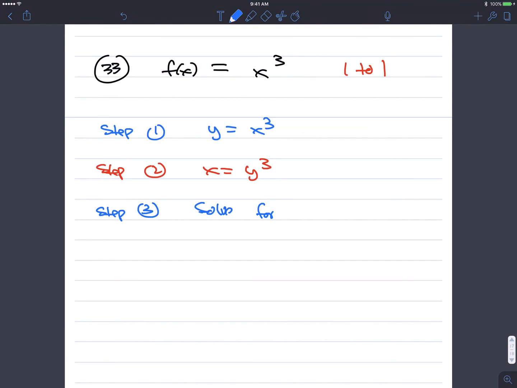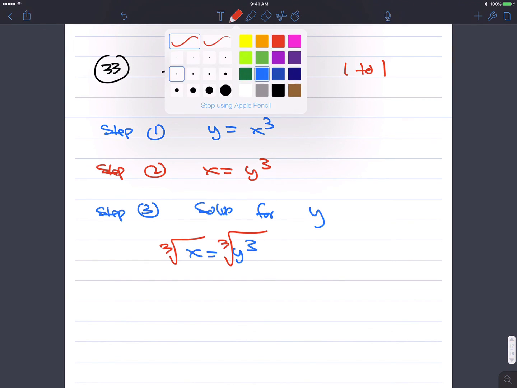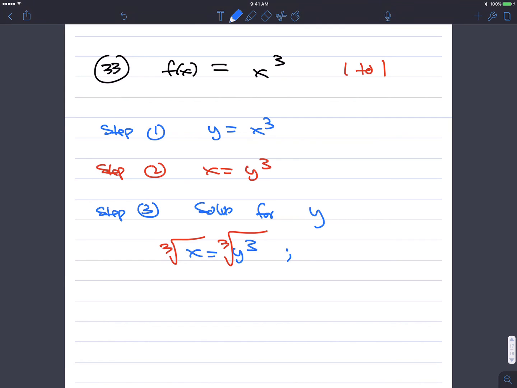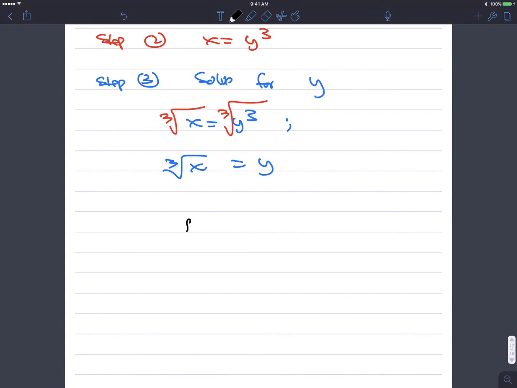Solve for y. We got x is y cubed. You guys know how to solve this for y? Don't cube both sides, take the cube root of both sides. So you get now, the cube root of x will be y. Final step, your inverse function is cube root of x.